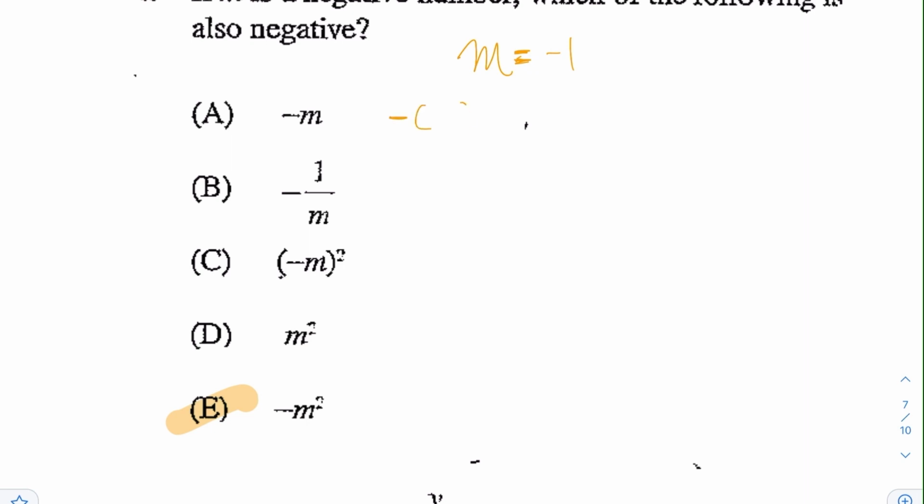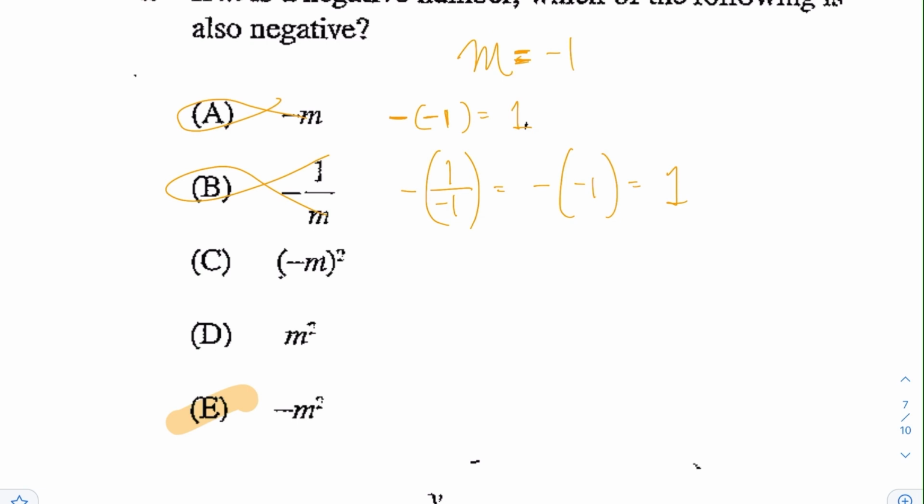So you have negative of negative 1, and the negative of negative becomes positive. So A is wrong. For choice B, you have negative 1 over negative 1, and 1 divided by negative 1 is negative 1. So you have a negative of negative 1, which is equal to a positive 1. So again, B is positive, so that's wrong.